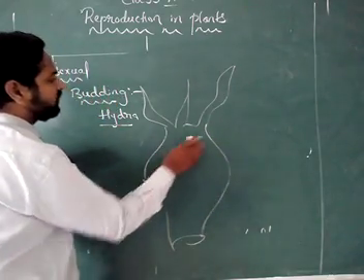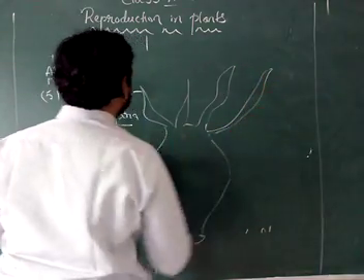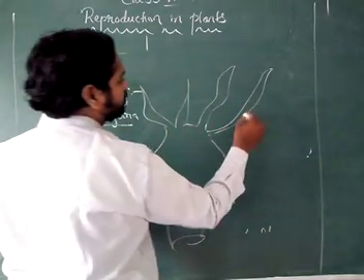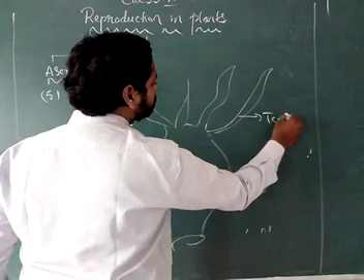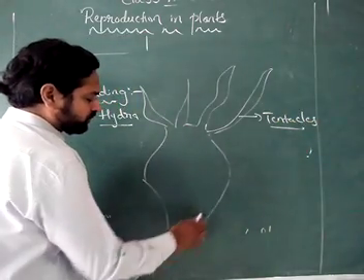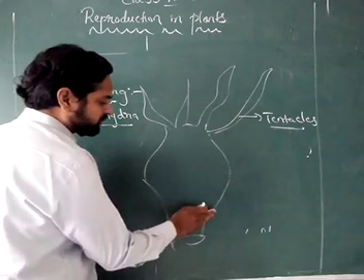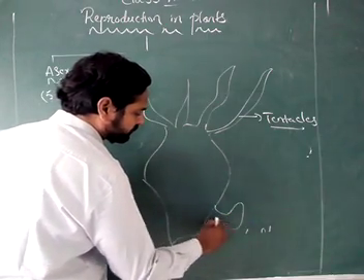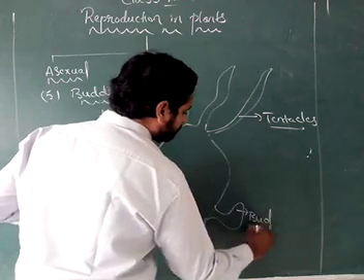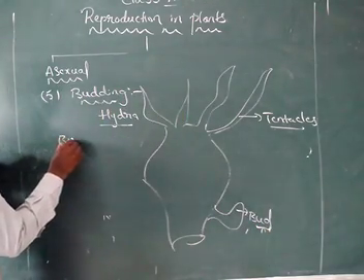Now, this is the hydra, and these are the tentacles. This hydra shows body outgrowth. This is the bud.